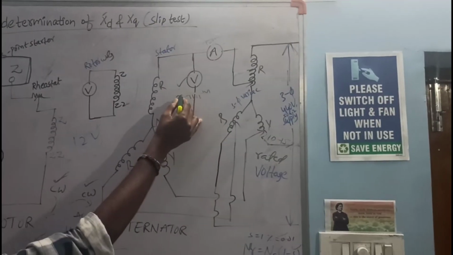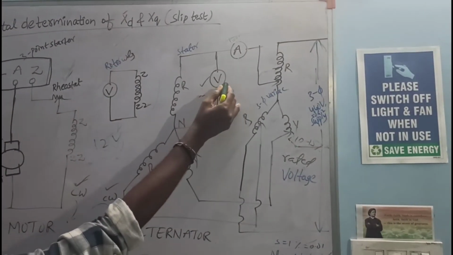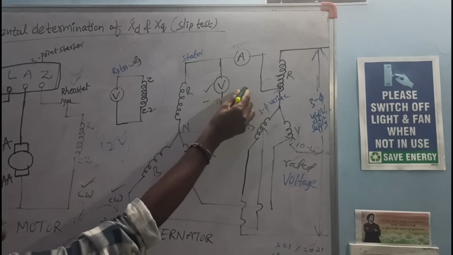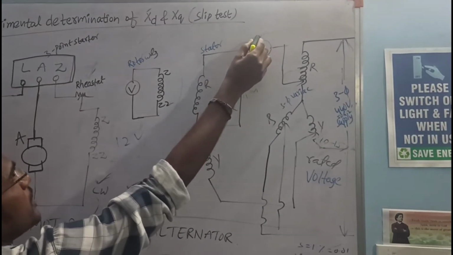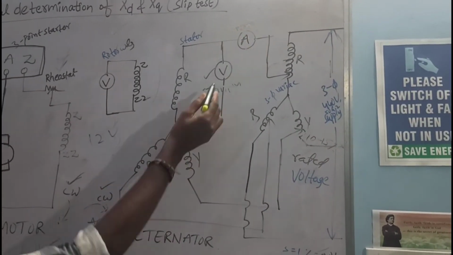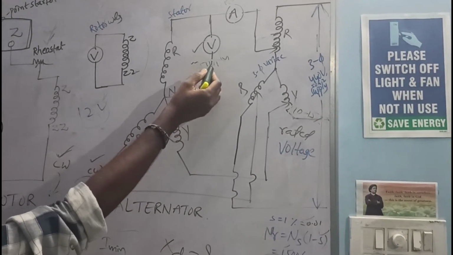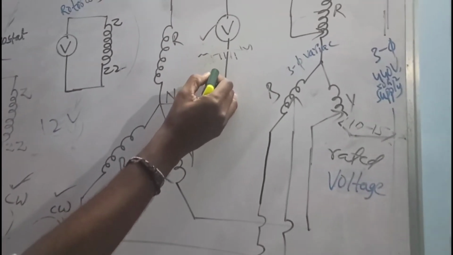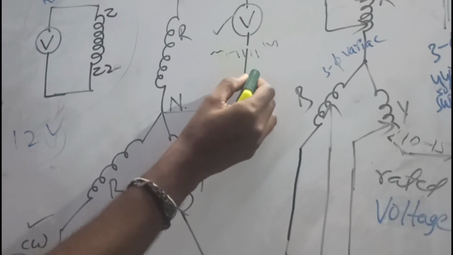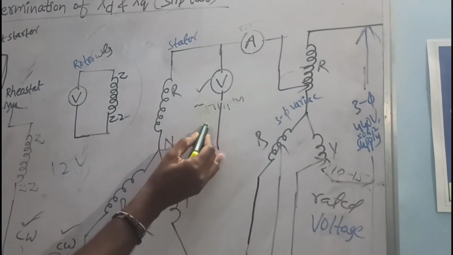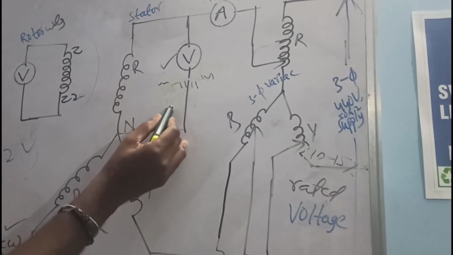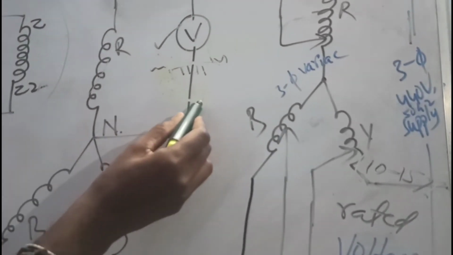For example, this is a 0 to 150 volts voltmeter and a 0 to 10 amps ammeter. Here you get a minimum value of 60 and a maximum value of 64, so the voltmeter oscillates 60, 64, 60, 64.